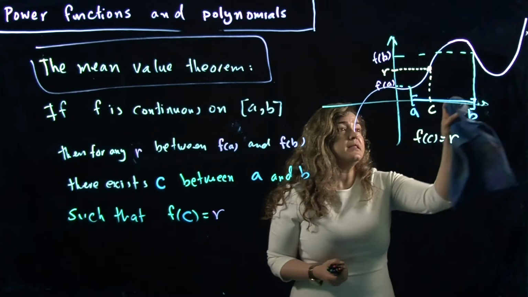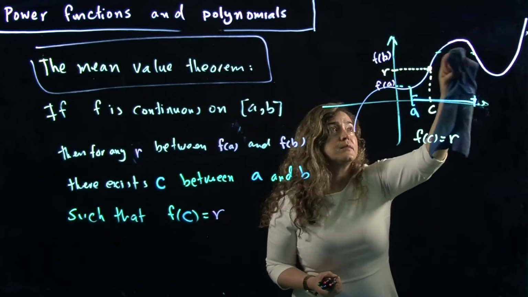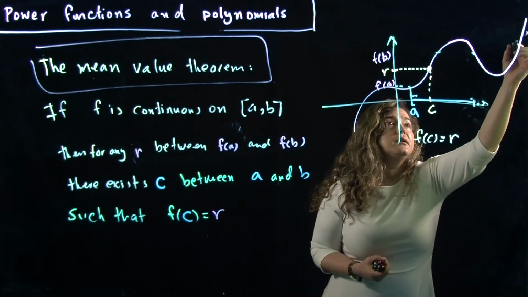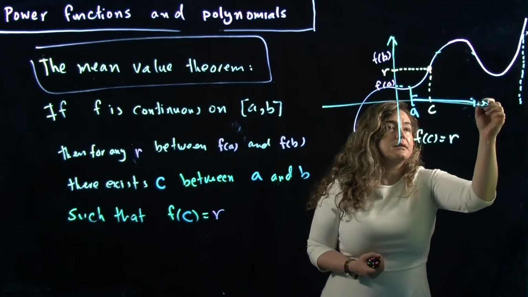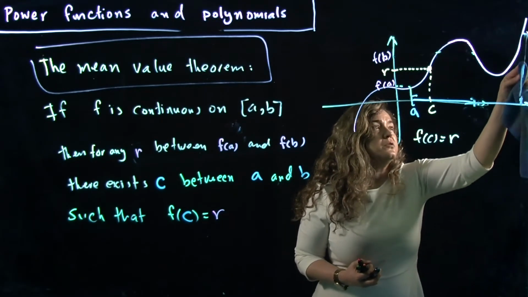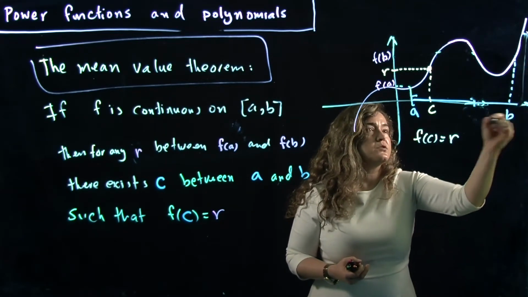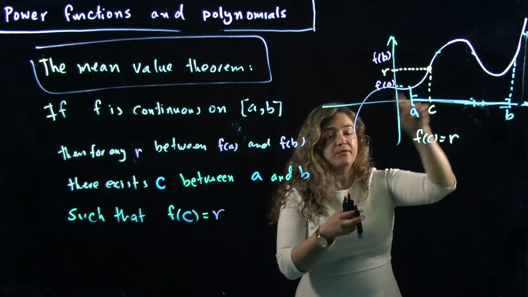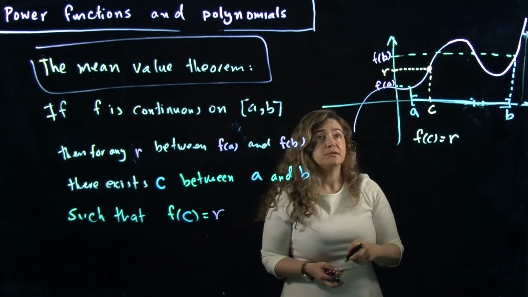Let's give you another example. If I choose my a, b to go through this section, with b here, then f(b) is going to be about here.